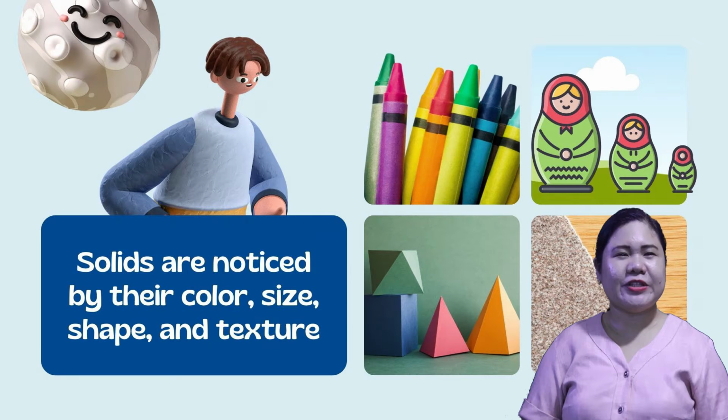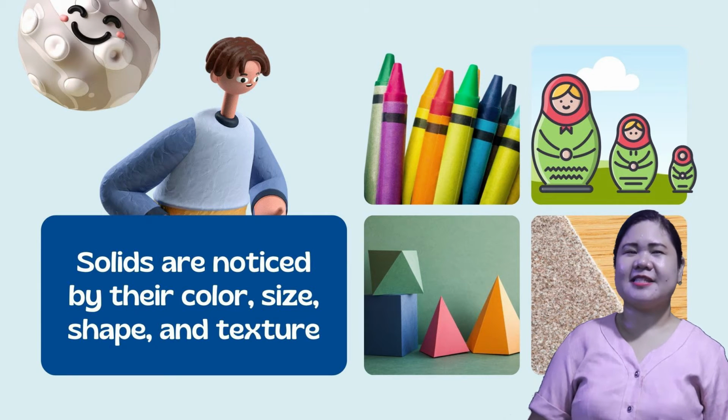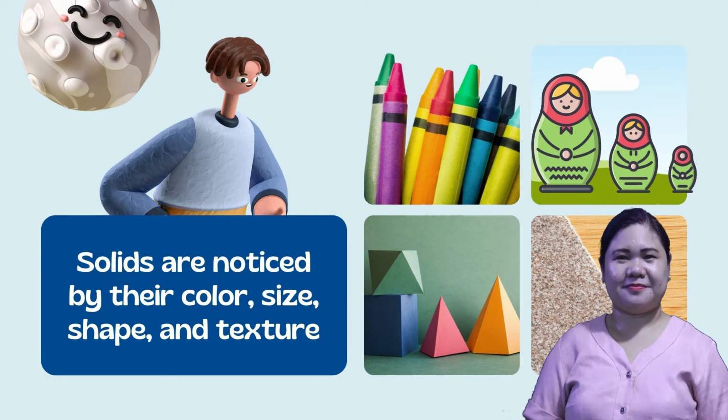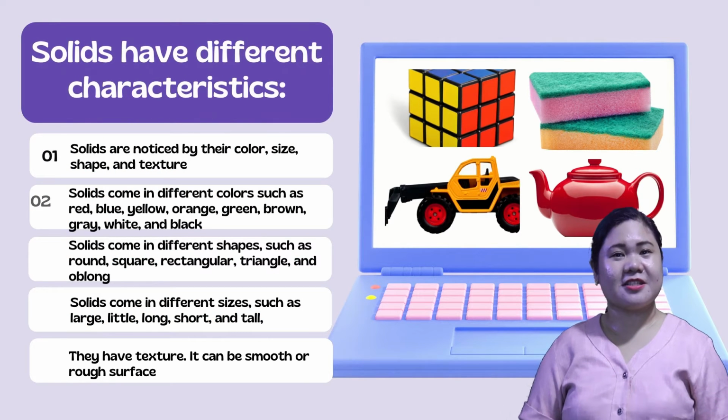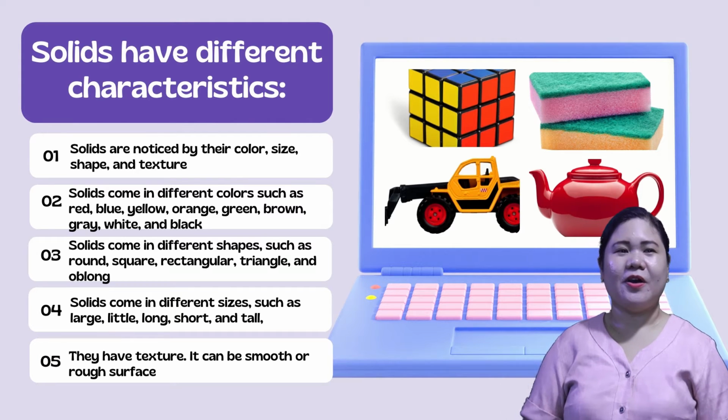Solids are noticed by their color, size, shape, and texture. Solids come in different colors, such as red, blue, yellow, orange, green, brown, gray, white, and black.